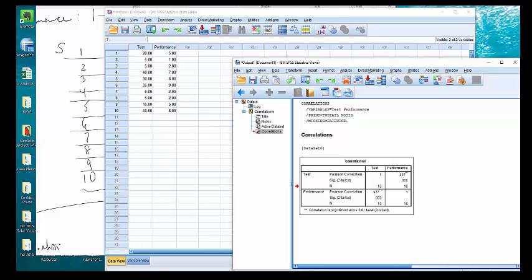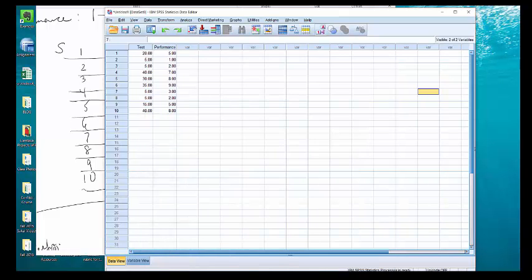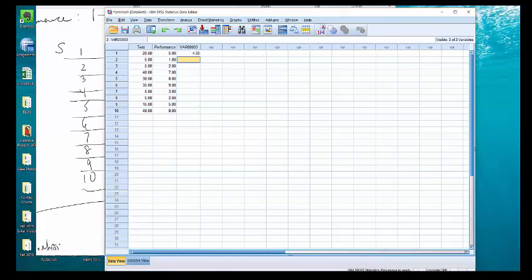Now, here is what would happen if you had some other variables. So let me just put some random numbers here.